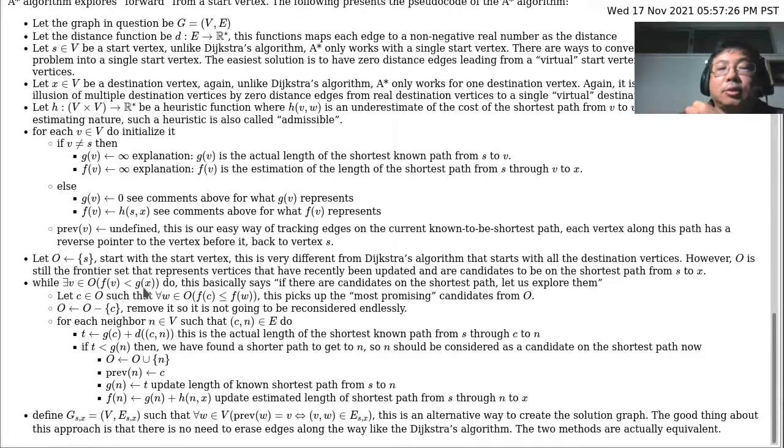In order to determine whether it is possible that there's a shorter path, we have to compare g of x, which is the length of the path found at this point, to the estimate of paths going through other vertices to the destination vertex.